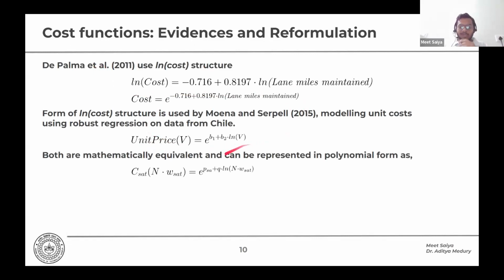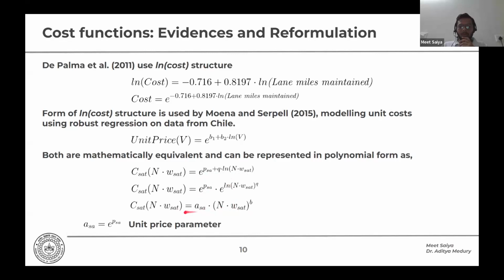So we hypothesize that total cost is going to be of this nature: P plus Q log. So that would mean that this is unit price, and b is the intensity parameter.